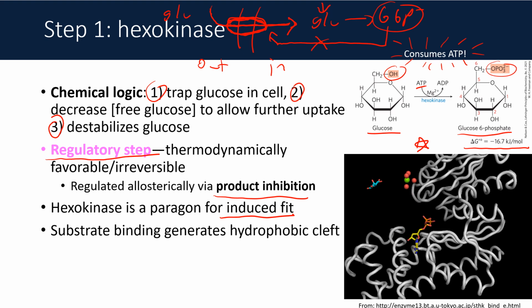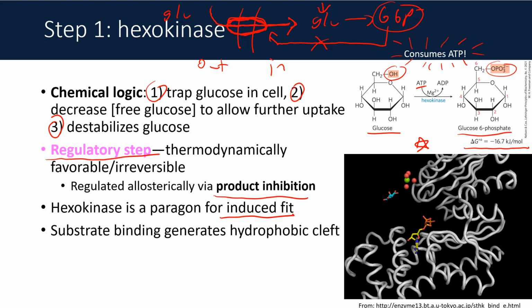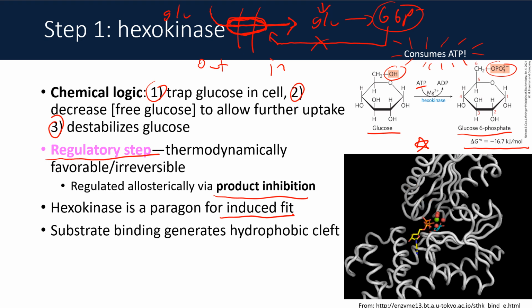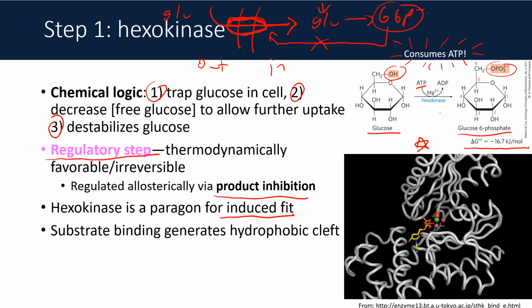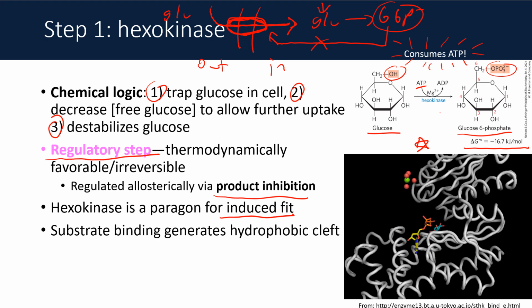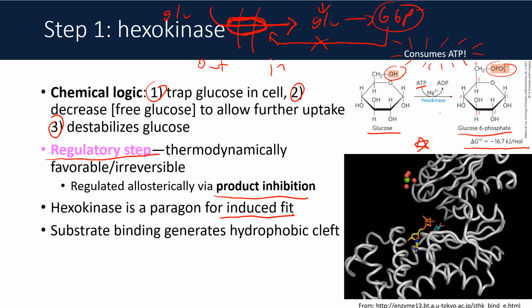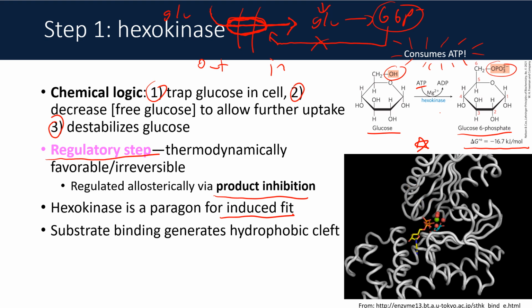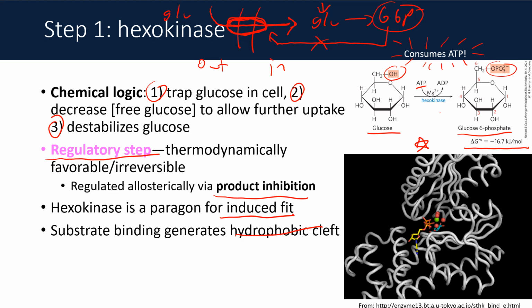All hexokinases feature these two lobes that clamp down onto glucose and ATP. When the lobes clamp down, this will strip the substrates of their protective hydration shells by immersing them in a hydrophobic cleft.